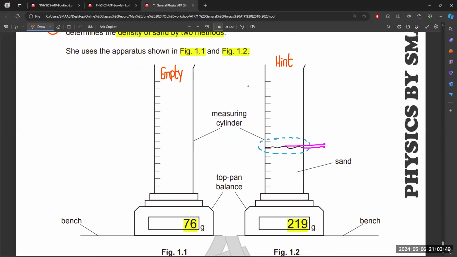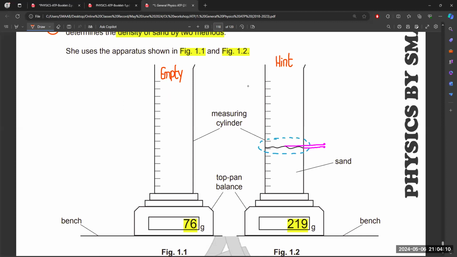And basically, the graduation of the measuring cylinder we are using is very large as compared to the quantity of the material whose volume we are recording. And I will also share that file with you.